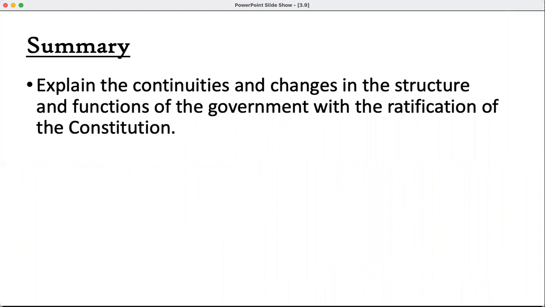I encourage you to look at the document, break it down, outline it, make sure you understand it, dig into it, because understanding the Constitution is imperative to being a good citizen, to understanding how our system works and how it can be changed. So I would like you to explain the continuities and changes in the structure and functions of the government with the ratification of the Constitution.